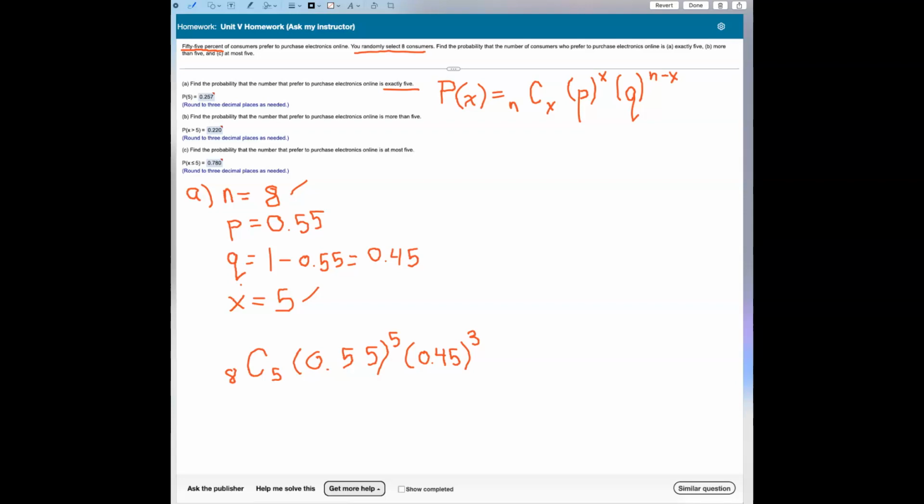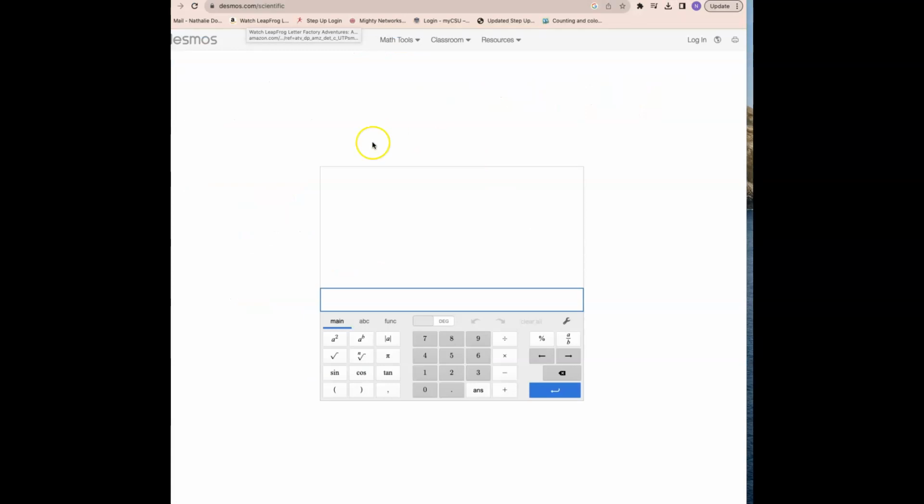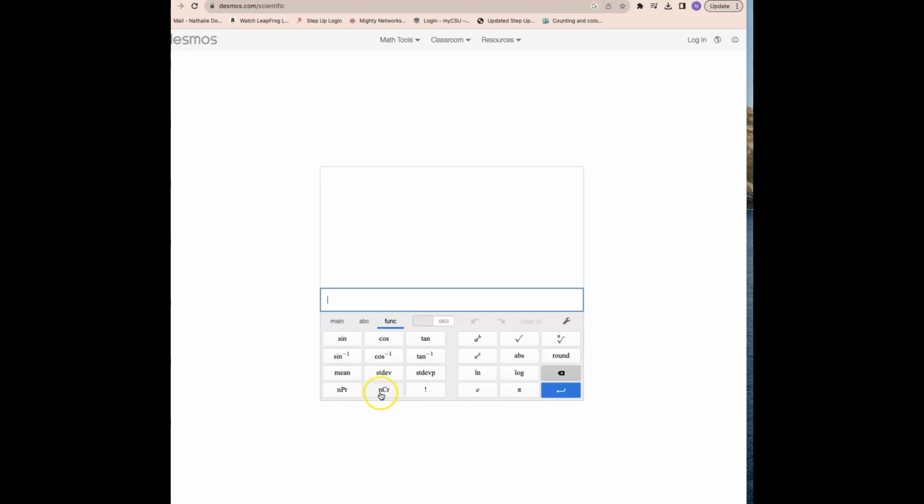Now I'm going to show you how you can go to a calculator such as Desmos.com and input this entire expression all at once. So here's my calculator, Desmos. This is one called Desmos.com/scientific. I like it a lot. The combination function is right here when you click on the function. You click on that function, then type in your two numbers with a comma between them.